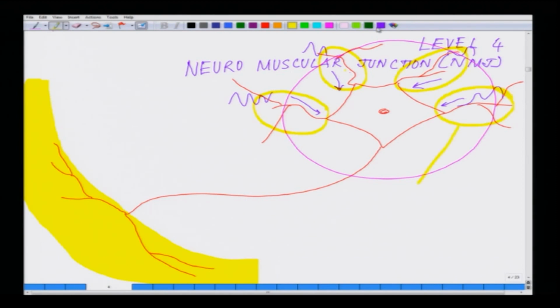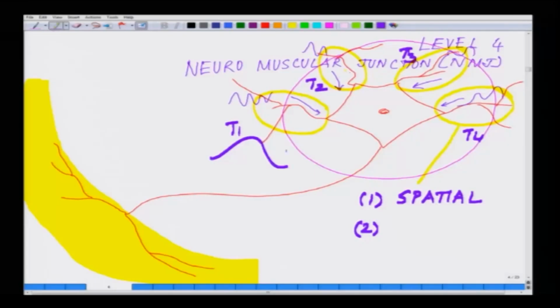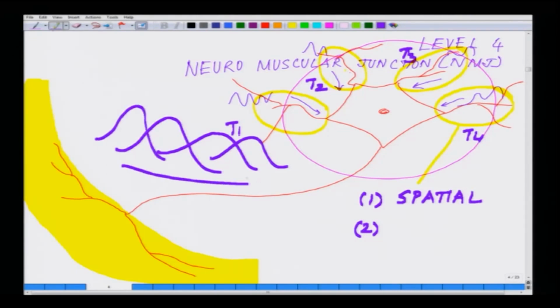So, that is why it is spatial, and it is also temporal, because the signal may come at time t1, time t2, time t3, time t4, and one signal may overlap over another signal. Say for example, like this, then another signal coming like this, then another like this. Okay. If this one is t1, this is t2, this is t3, this is t4. So, this is also called temporal.